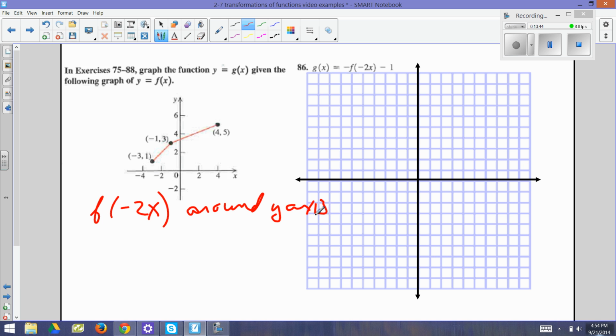And remember, the 2 in front of the x is a horizontal compression. So my new x, instead of being negative 3, my y is going to keep the same.